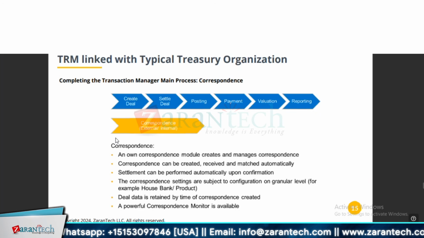Whenever we are generating an FX deal, we create a correspondence with a particular sort of message in MT300 format, where we have the information related to the amount, the rate, and the BIC codes of the parties involved, and that is how it is designed and sent out to the bank.